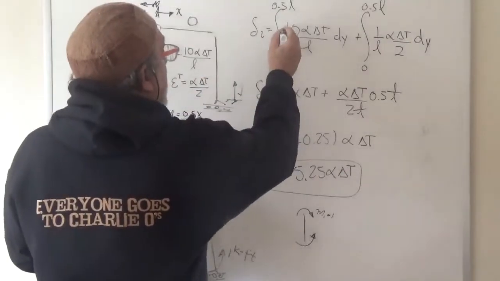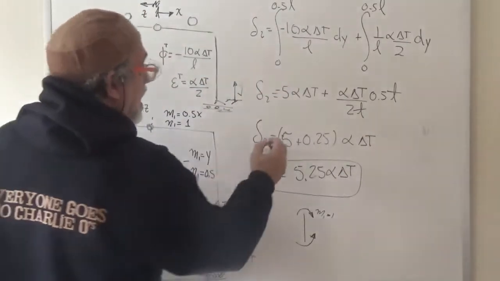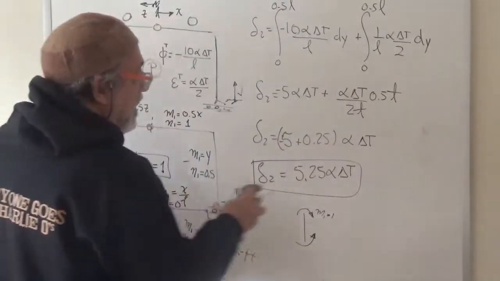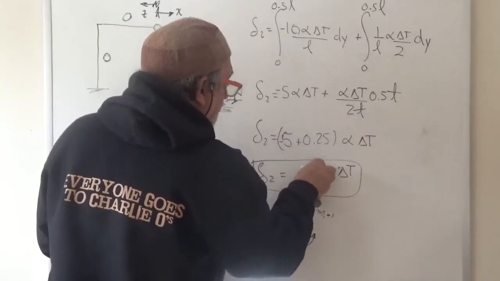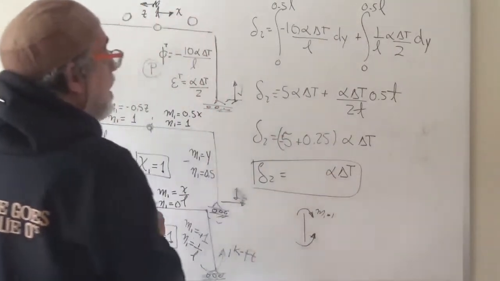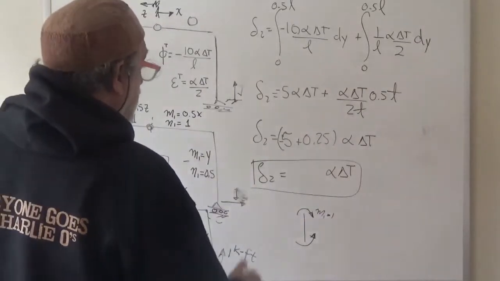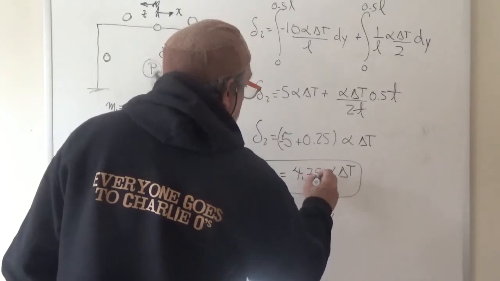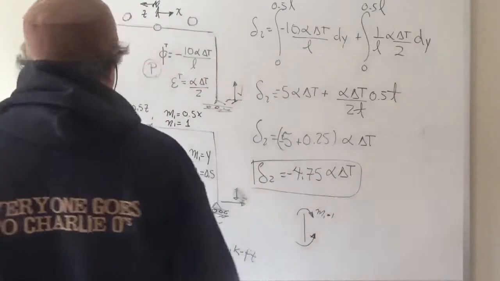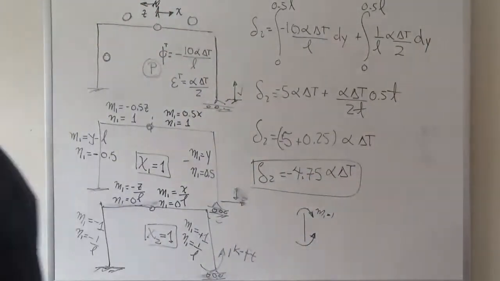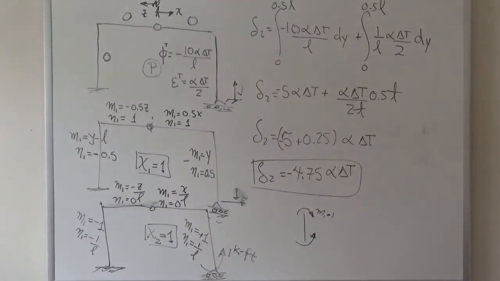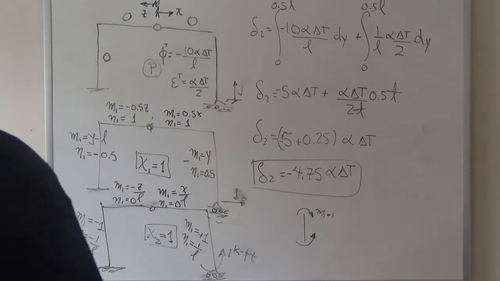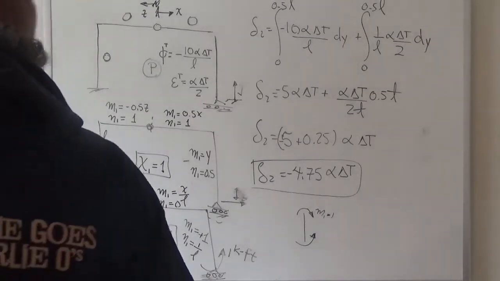This would be a negative. That was a negative. That was a negative. And this is not 4.25, but 4.75 negative times alpha delta t. And that, let's see, yeah, that does coincide with what I had. So I had a small error on delta 1, but I did not have any error on delta 2.